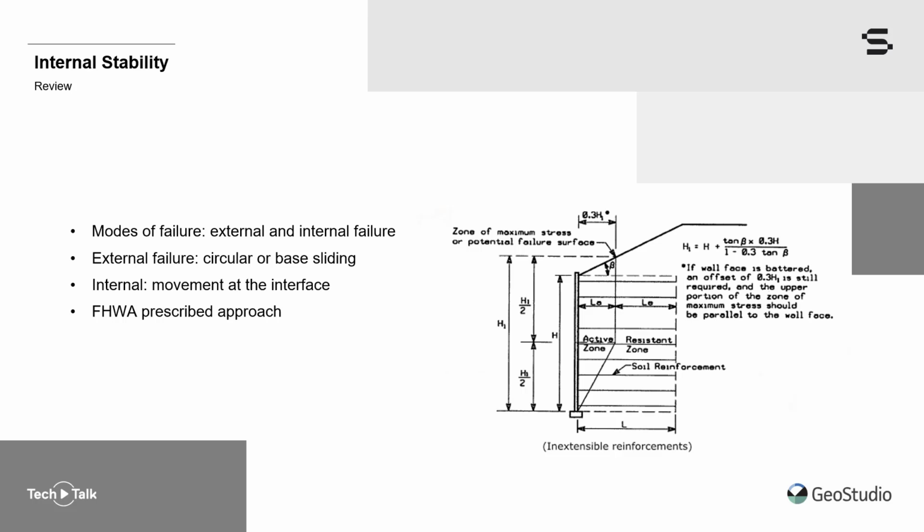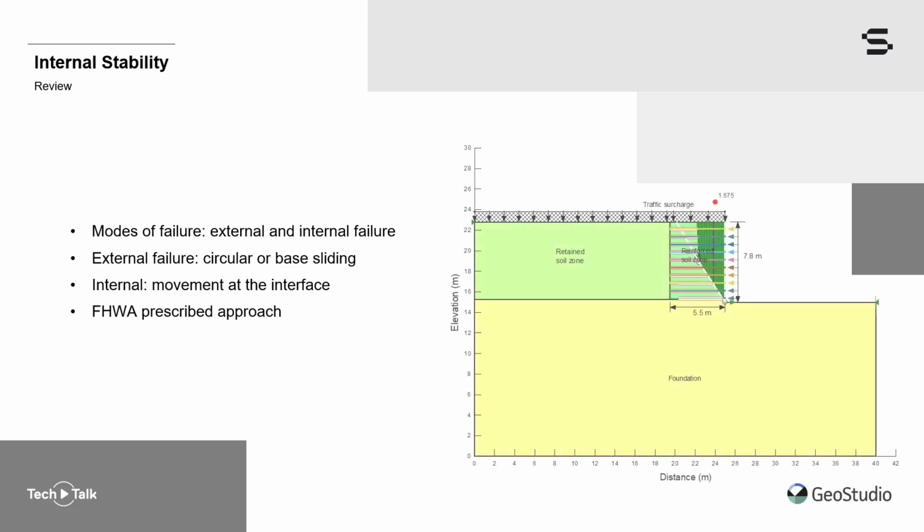The point of this short description is to note that internal stability calculations are used directly to determine if the tensile capacity of the reinforcement will be exceeded under loading conditions. Slope W is ultimately used to check if circular or basal sliding could occur.